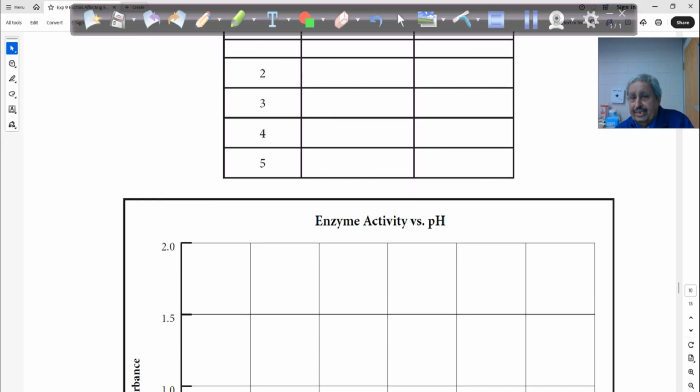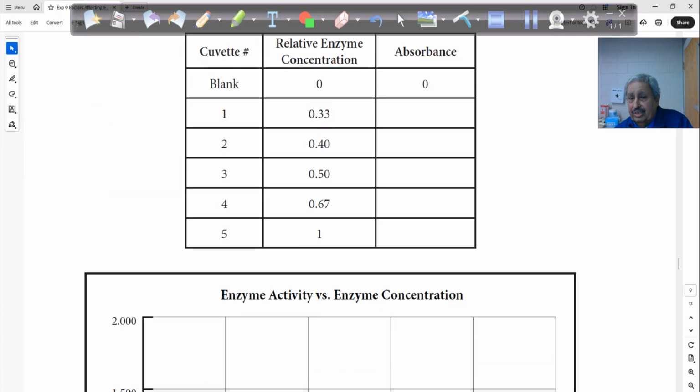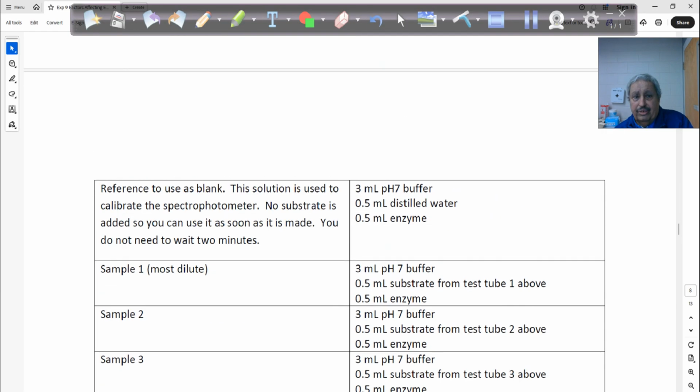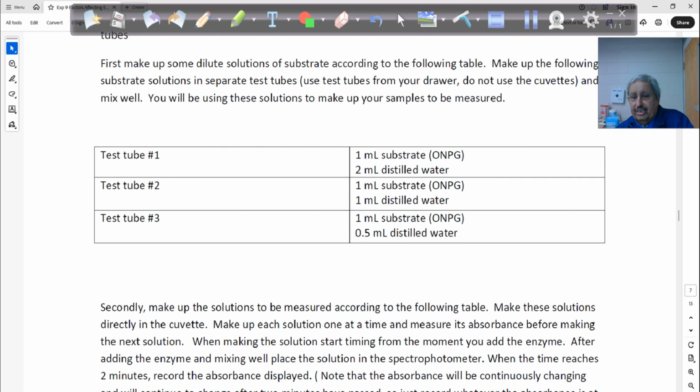reactant or substrate concentration. We looked at the concentration of the enzyme. Now you have to look at the substrate. So the substrate concentration, the substrate means the reactants, which is ONPG, the large molecule here. We'll prepare 3 test tubes with 3 different concentrations.